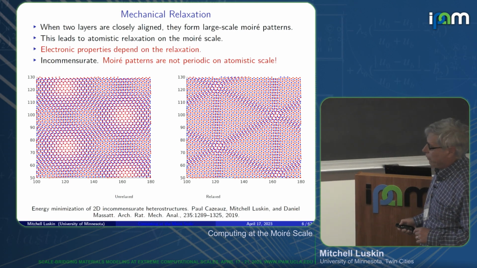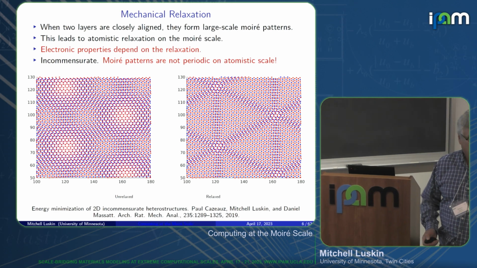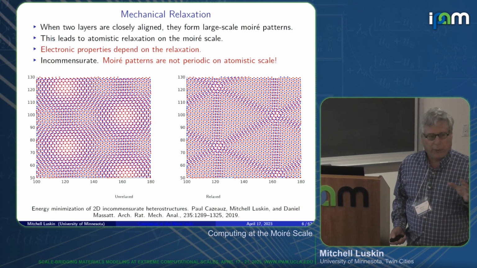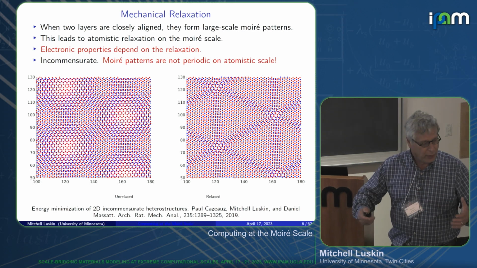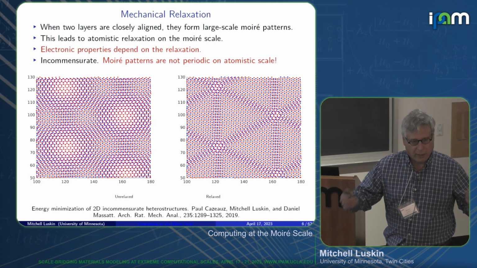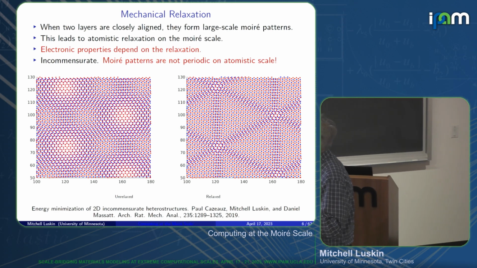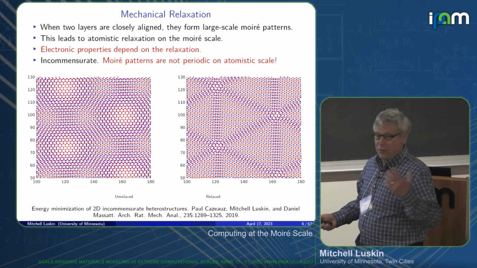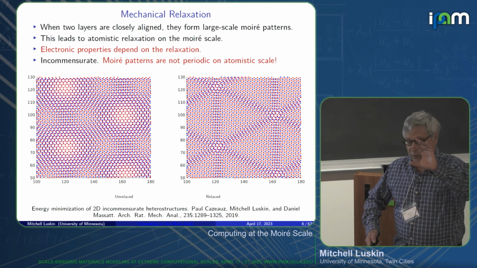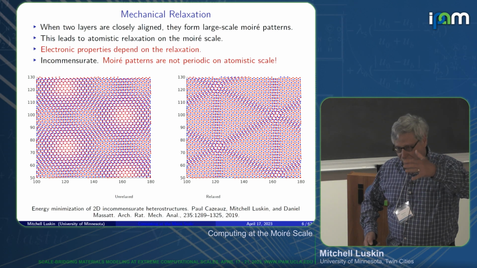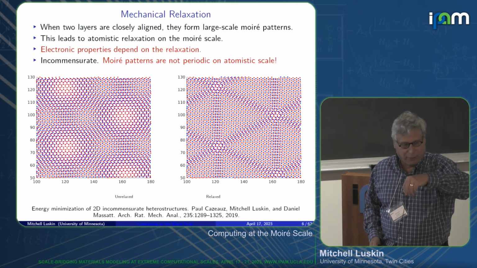One of the things we've done a fair amount of work on is exploring the effect of the material relaxation on the electronic structure. This really combines mechanics and electronics very nicely. This is just one layer twisted on another, but this is not the ground state mechanical structure, because the carbon atoms don't want to sit on top of each other.